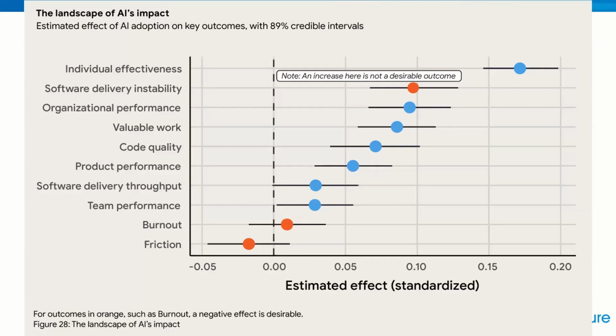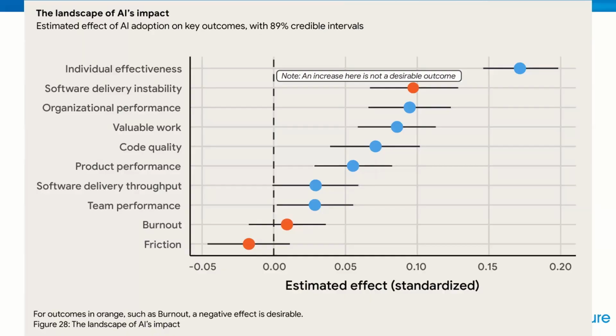That looks like about 17%. Code quality, I think I'm around 7% better, a little over 5% better product performance. Team performance is about 2.5 to 3% better. That's great. Burnout and friction are so close to zero that they're negligible.